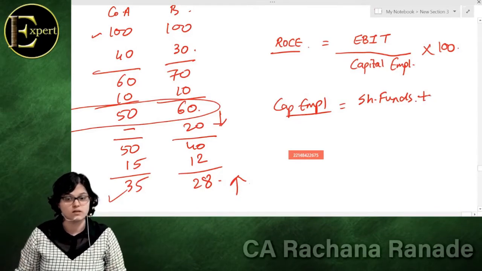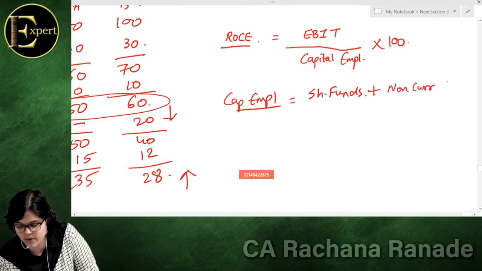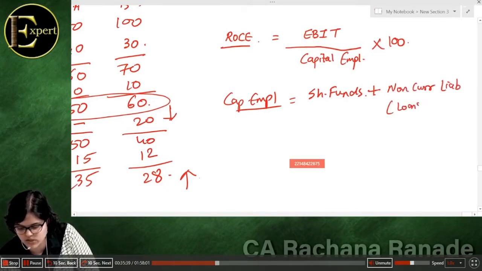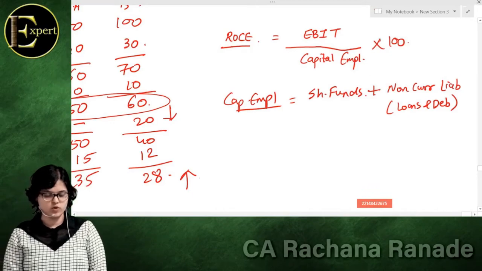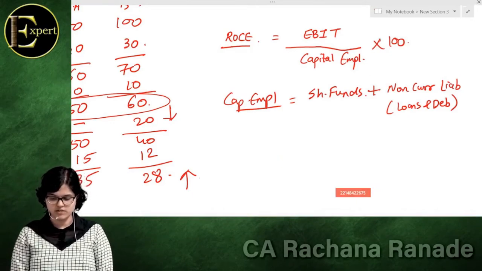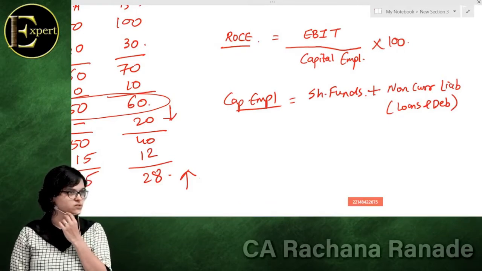Long-term debt is your non-current liability. The major component should be your loans or debentures that you have raised for your business. So capital employed is shareholders funds plus non-current liabilities, typically loans and debentures.